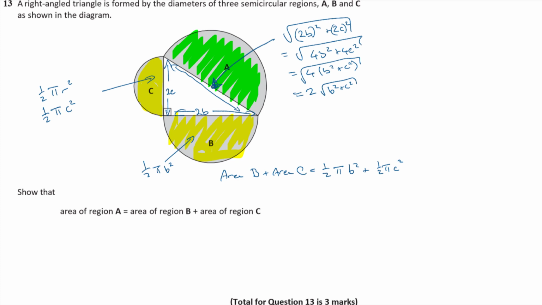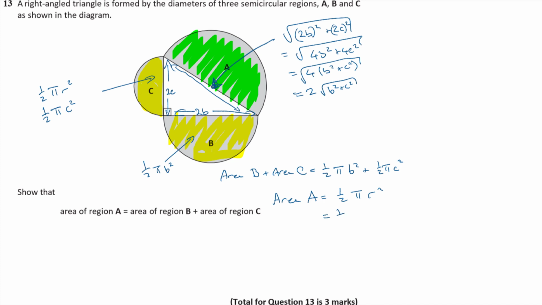Area of a, now that is going to be, well, I worked out the length of that side was 2 lots of the root of b squared plus c squared. So it's going to be, again, half of pi r squared. Now this time my r is going to be the root of b squared plus c squared, isn't it, from up there?